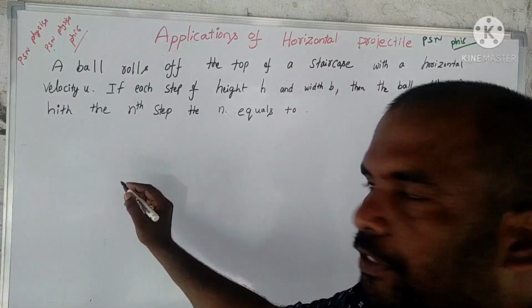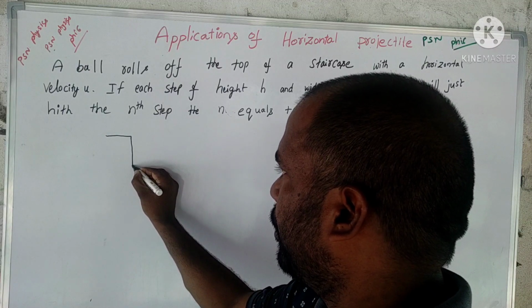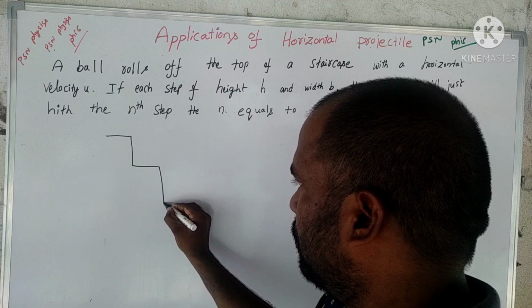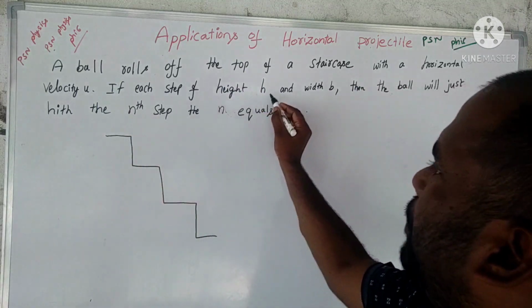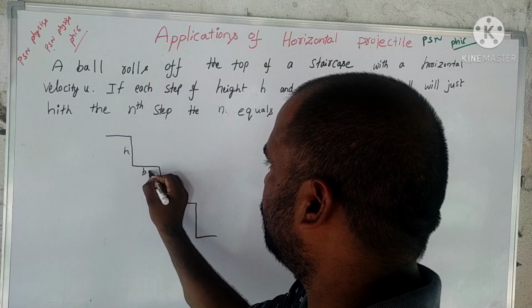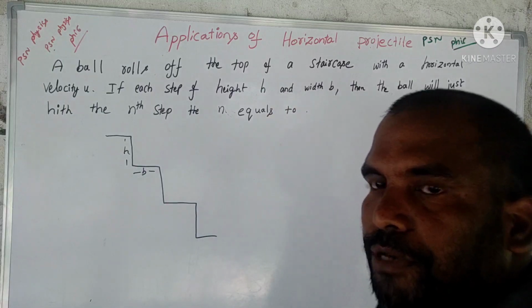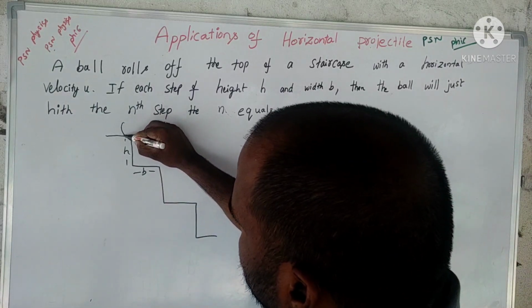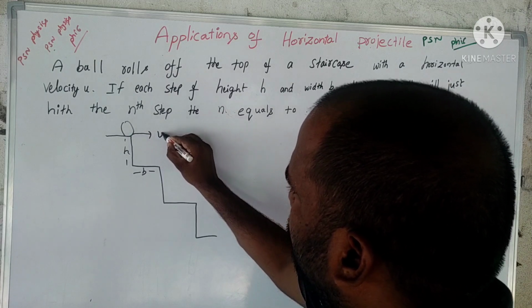First of all, dear students, steps like this I am drawing. Each step has height h and breadth b. From here a ball is rolling with a velocity u.